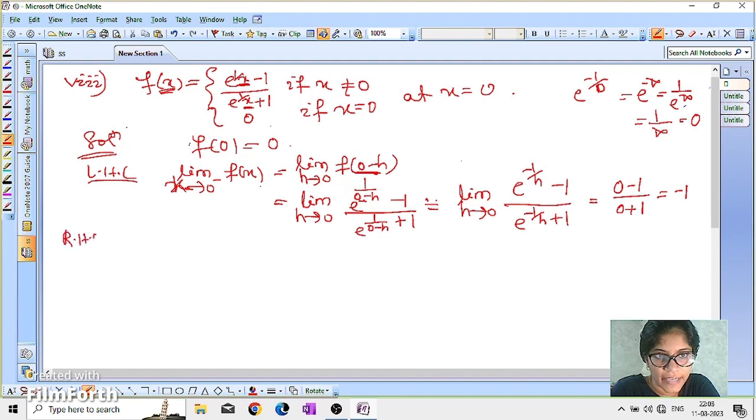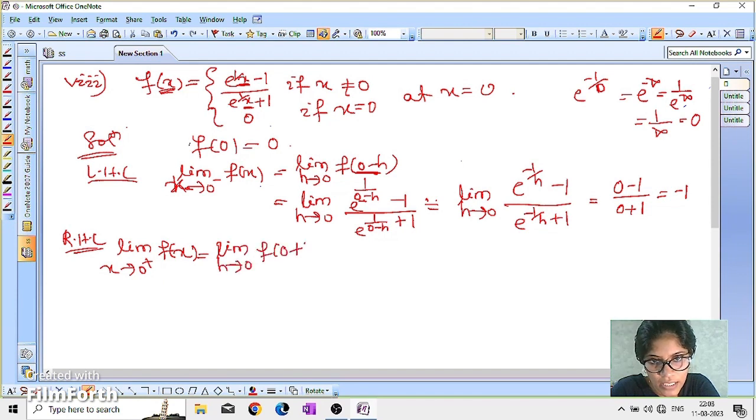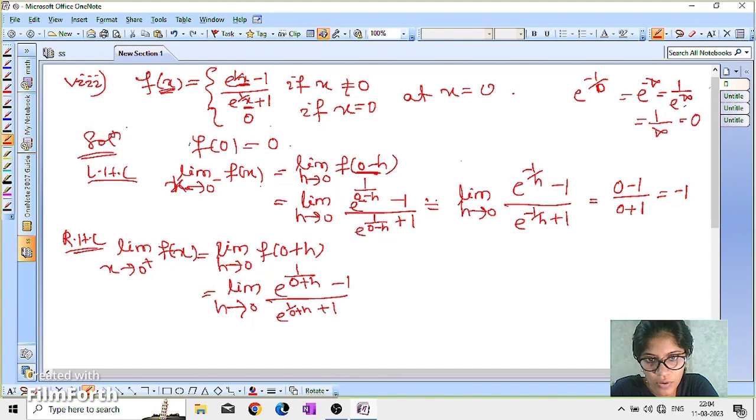Now, the right hand limit, limit x tends to 0 plus f of x. Similarly, we can write limit h tends to 0 of f of 0 plus h, which is equal to limit h tends to 0 of e to the power 1 by 0 plus h, minus 1, divided by e to the power 1 by 0 plus h, plus 1, which is limit h tends to 0 of e to the power 1 by h minus 1 by e to the power 1 by h plus 1.